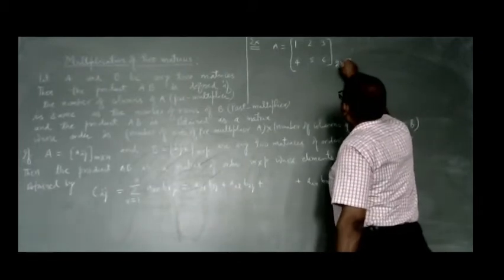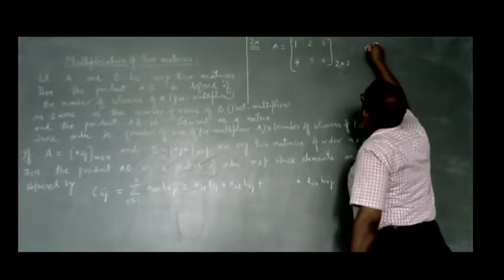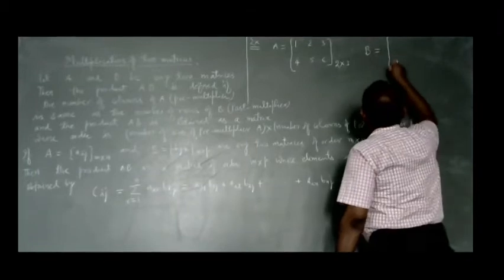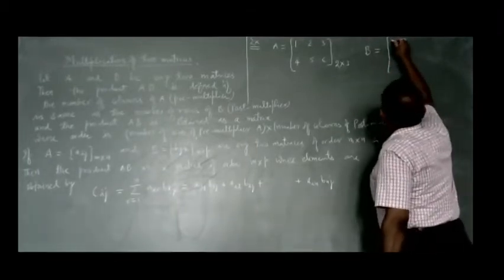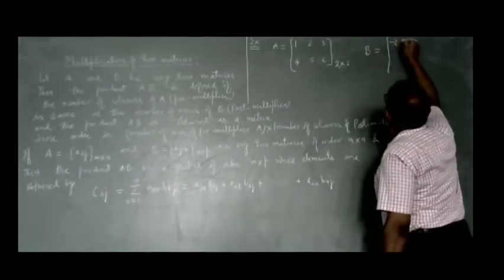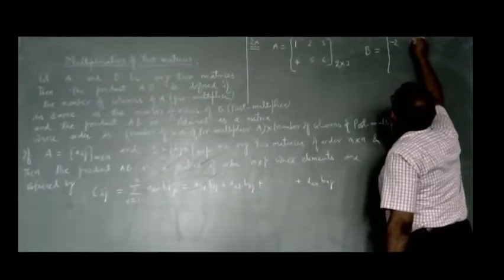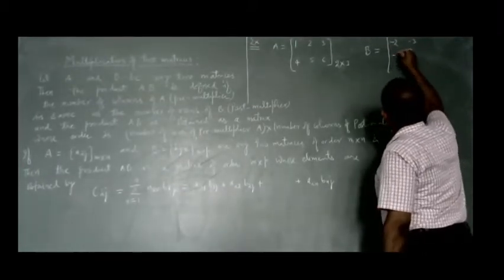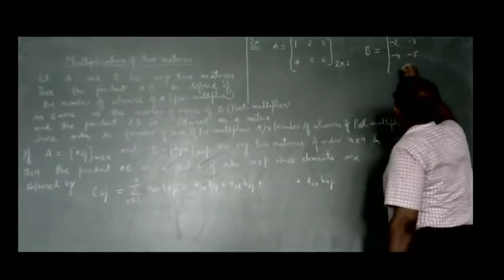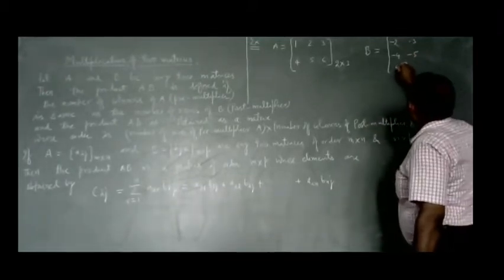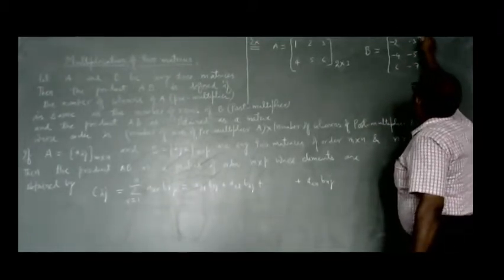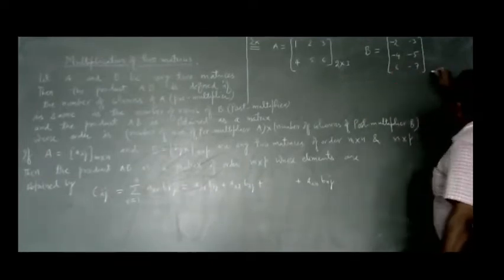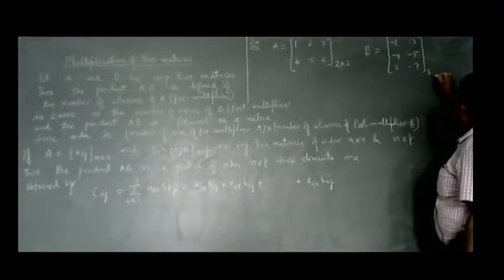This is a matrix of 2 cross 3. B is the matrix with rows minus 2, minus 3, minus 4, minus 5, 6, minus 7. Here is a matrix of 3 cross 2.